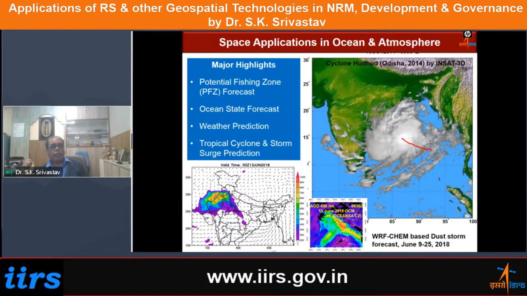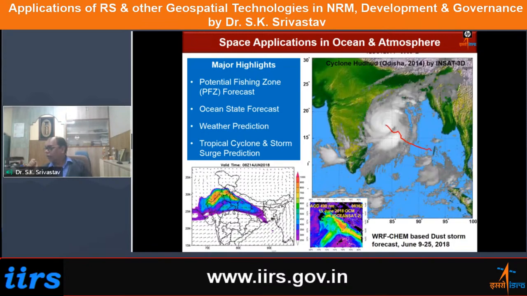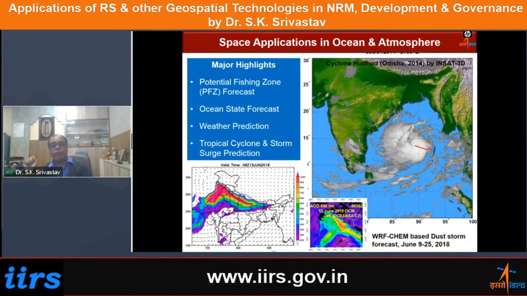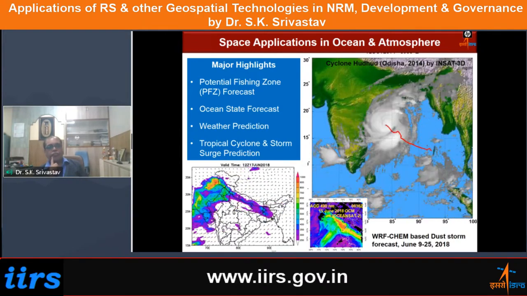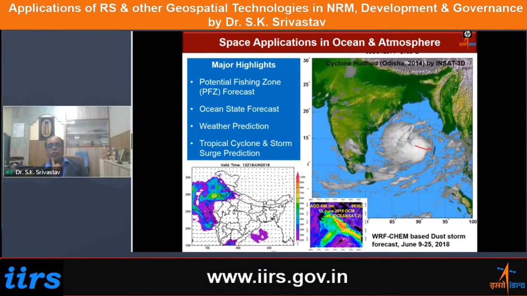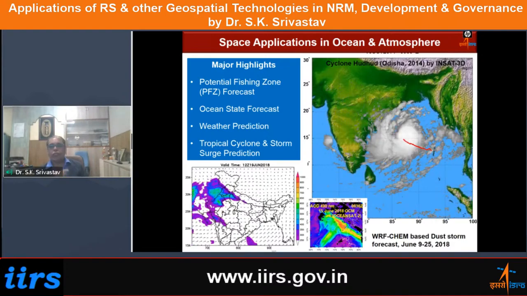Then in the ocean sector, very important satellite information is being generated, known as potential fishing zone forecast, in short PFZ forecast.